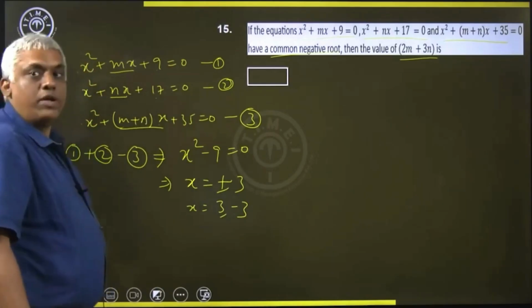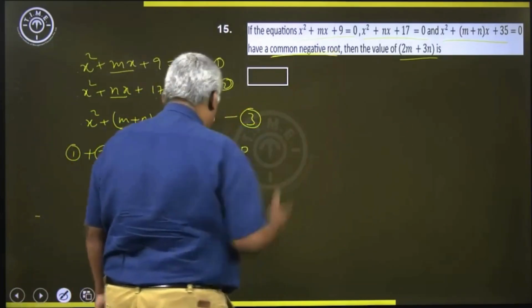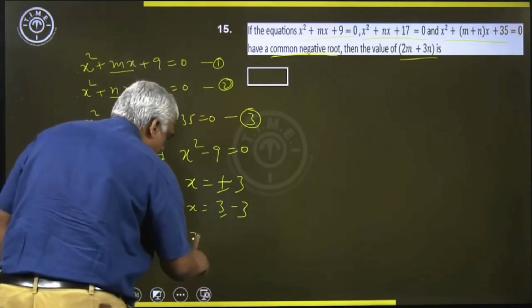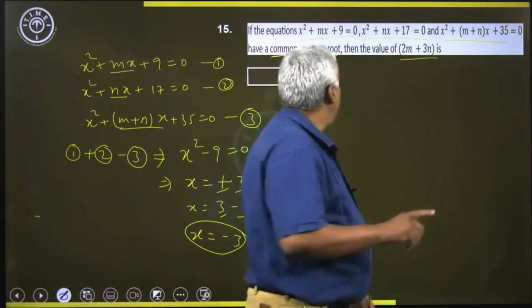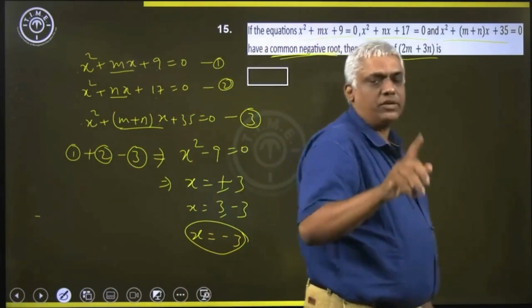Now they are saying the common root is negative, that means x is minus 3. Minus 3 is the common root because it is saying negative common root.